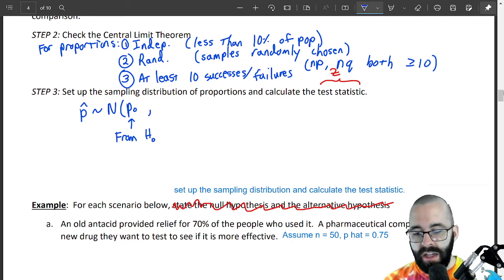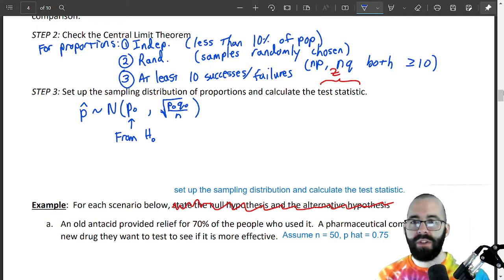With standard deviation, that's going to be, again, that assumed probability, the square root of p naught q naught over n. All right. So that's our sampling distribution.